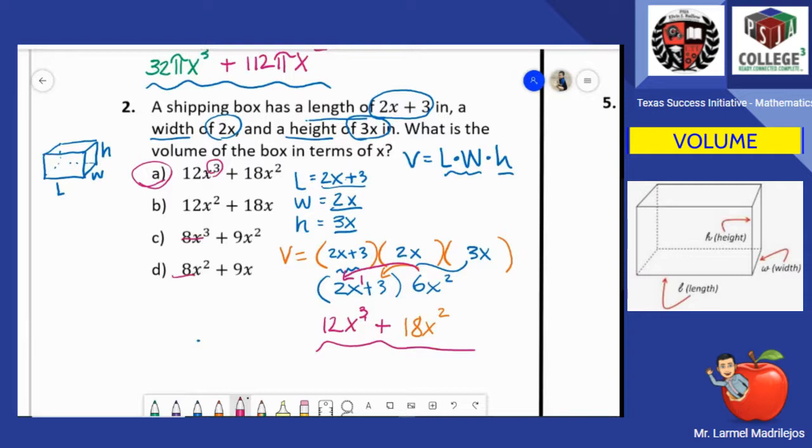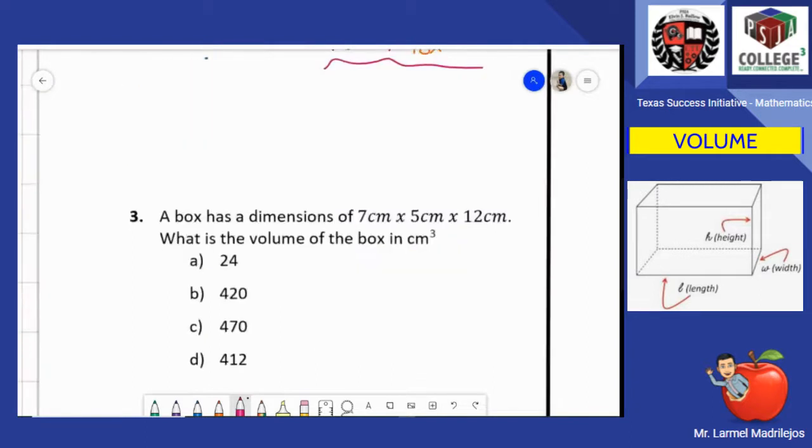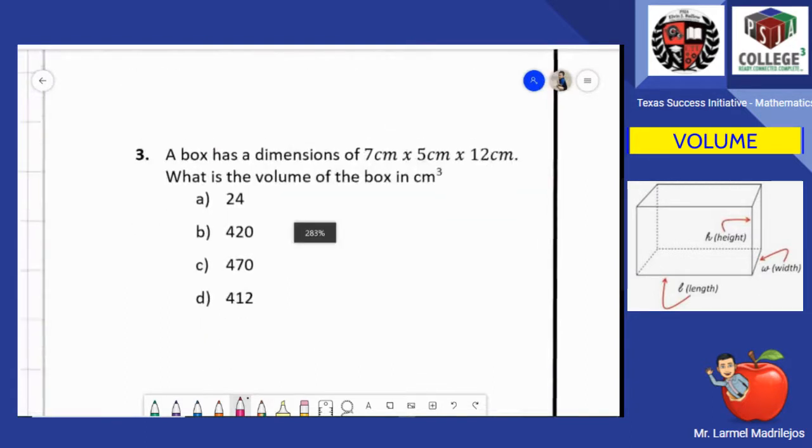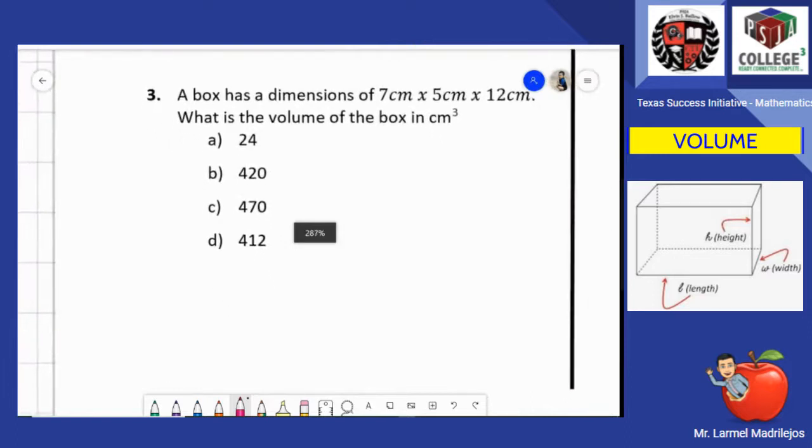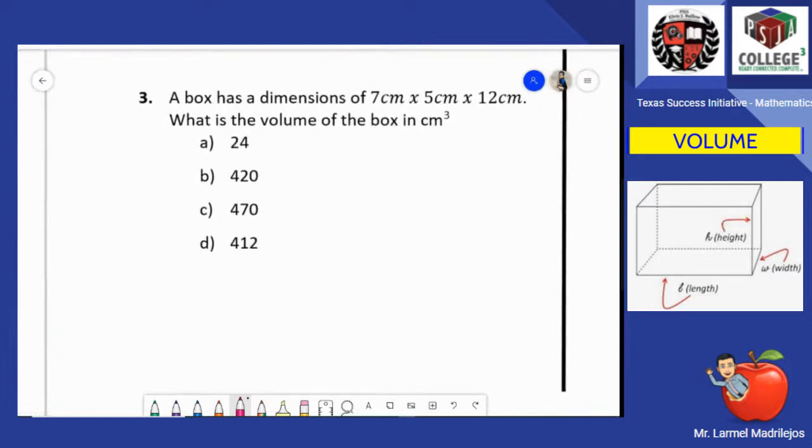Question number 3. All right, a box again. A box has dimensions of 7 centimeters times 5 centimeters times 12 centimeters, or 7 by 5 by 12.